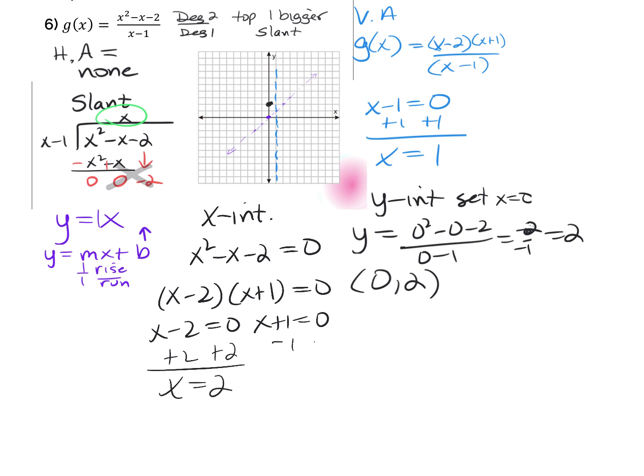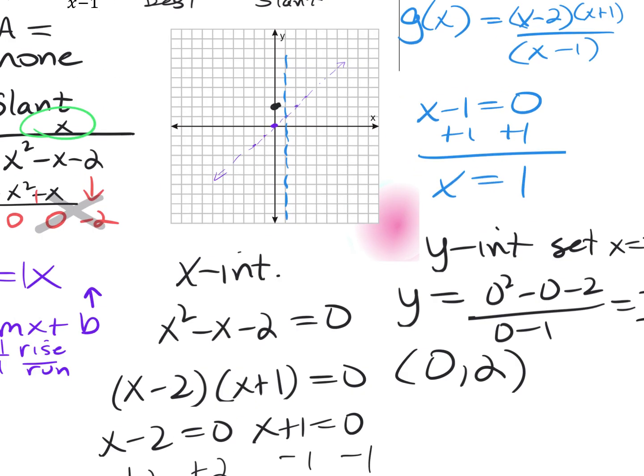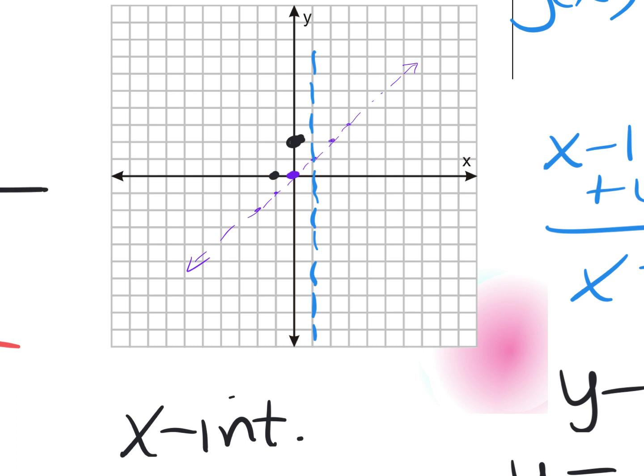Over here, subtract 1. So I have an x-intercept at 2, 0, and then at negative 1, 0. These are my two x-intercepts. Let me go ahead and plot those as well. So negative 1 and 2.